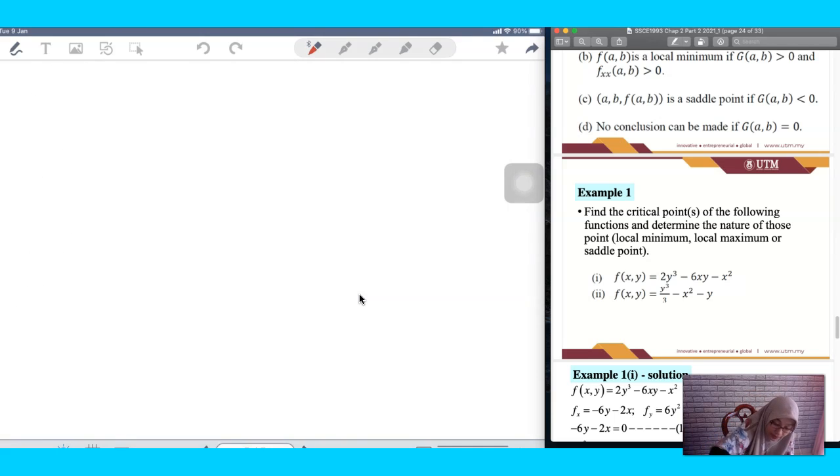The first one, your function is f(x,y) equals 2y cubed minus 6xy minus x squared. First find the critical point. So how do we obtain the critical point?